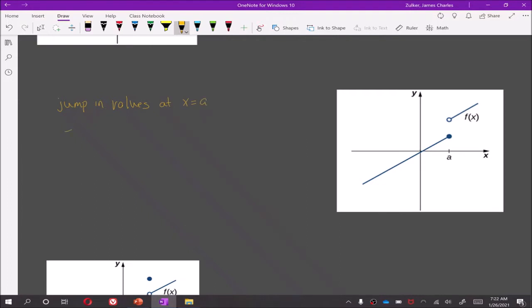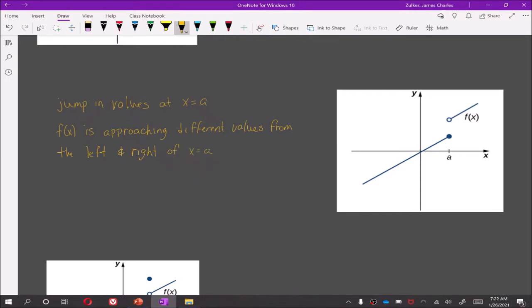In other words, f of x is approaching different values from the left and right of x equals a.